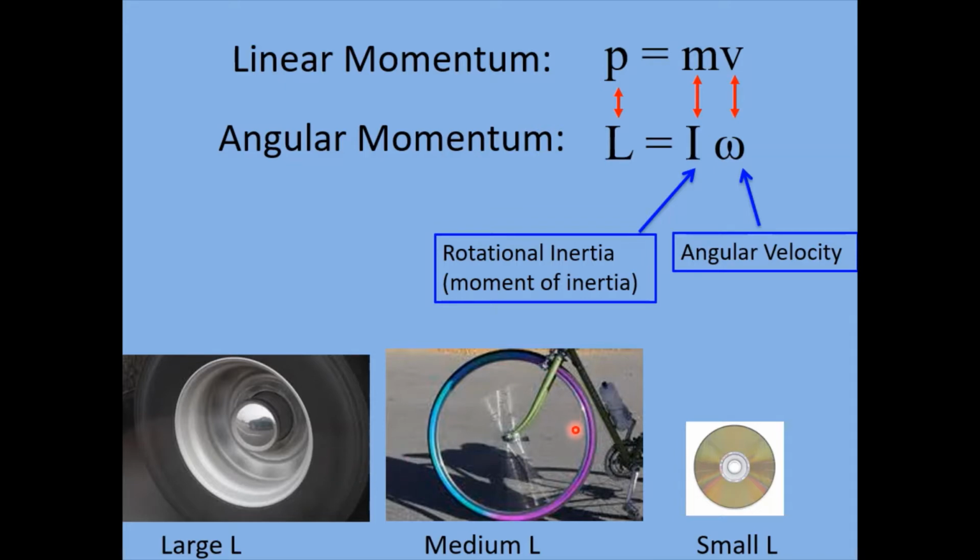It has less mass, so it has less I, and it's probably not going as fast, so it has a smaller omega as well. And then something like a CD or a DVD that's spinning would have a relatively small angular momentum because of its very small mass and therefore small rotational inertia.